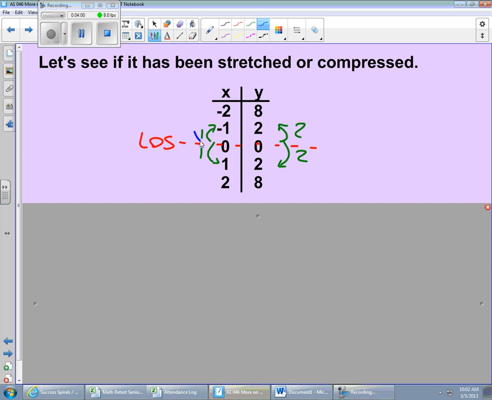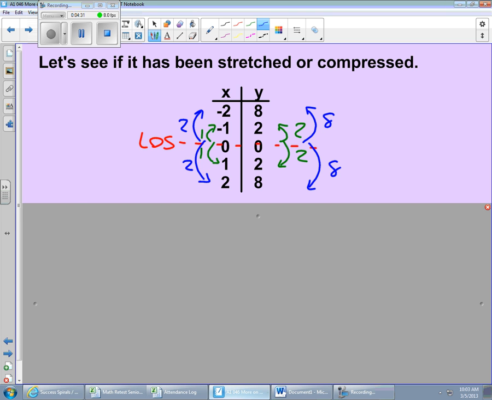If we move away from the line of symmetry 2 steps on the x-axis, according to the parent function, that ought to, on the y-axis, be 2 squared steps, which would be 4. So it should be 4 steps on the y-axis, and if we look at what's actually happening in our graph, from 0 to 8 would be 8 steps instead of 4.